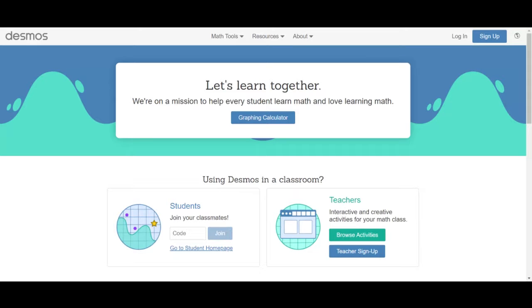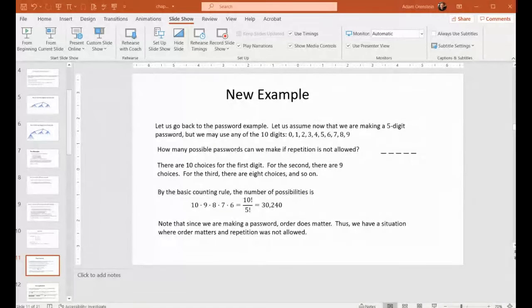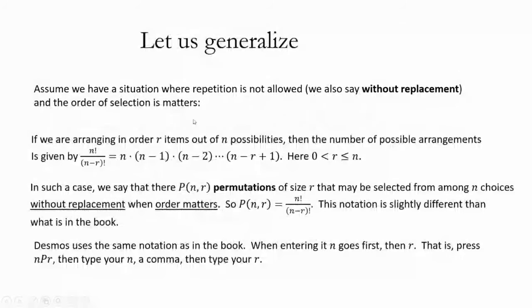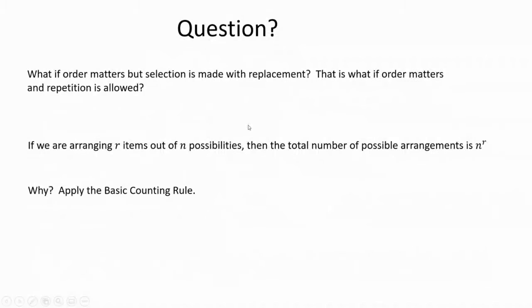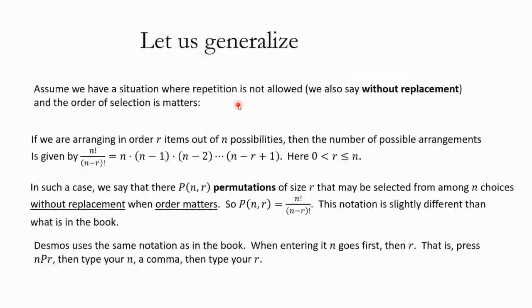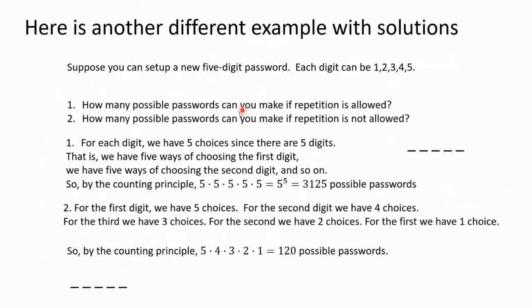Okay, so that's what this is. So, permutations. Let's get back to the lecture notes. But now let's do this. What if instead, though, the order matters, but we are allowed to have repetition now? We actually saw that in part 1.